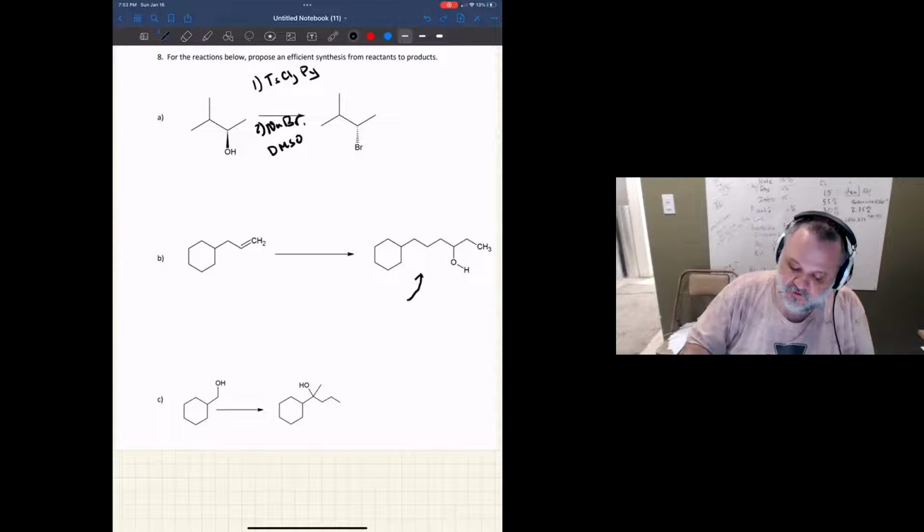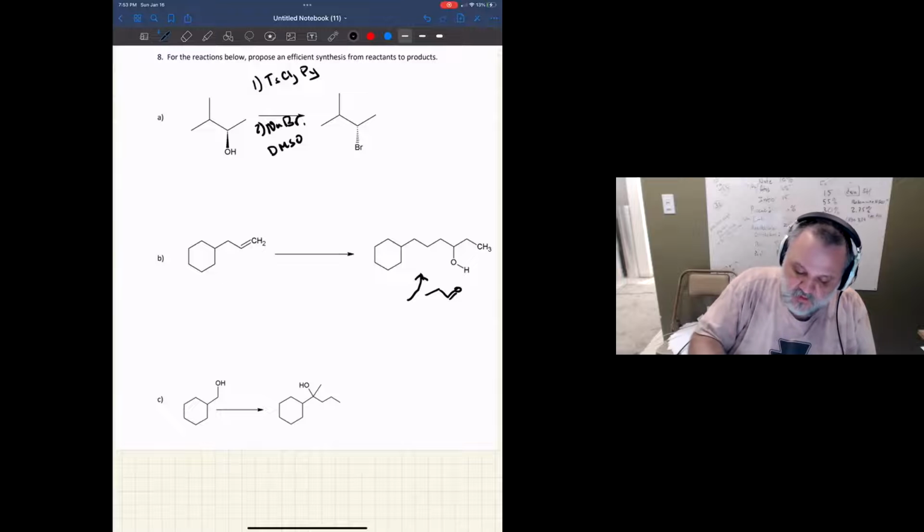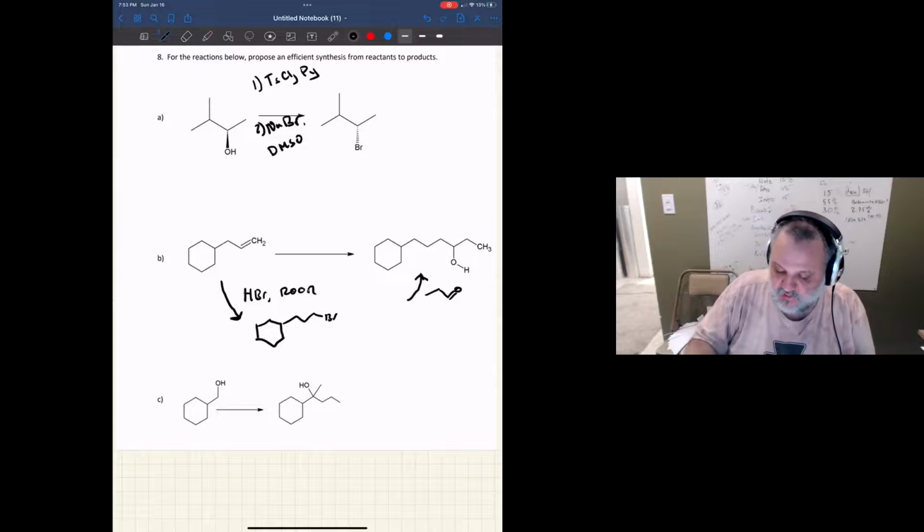So if this was going to be my Grignard reaction, then I guess I would have needed to react it with a 3-carbon carbonyl group if I'm going to turn this into an alkyl halide. So if I'm going to do HBr and ROOR, then I'll turn it into the anti-Markovnikov alkyl halide.